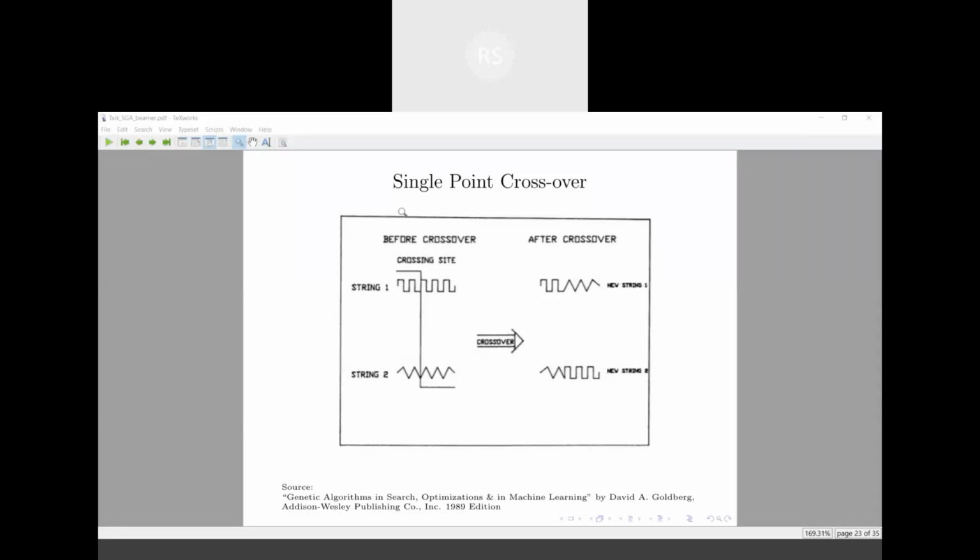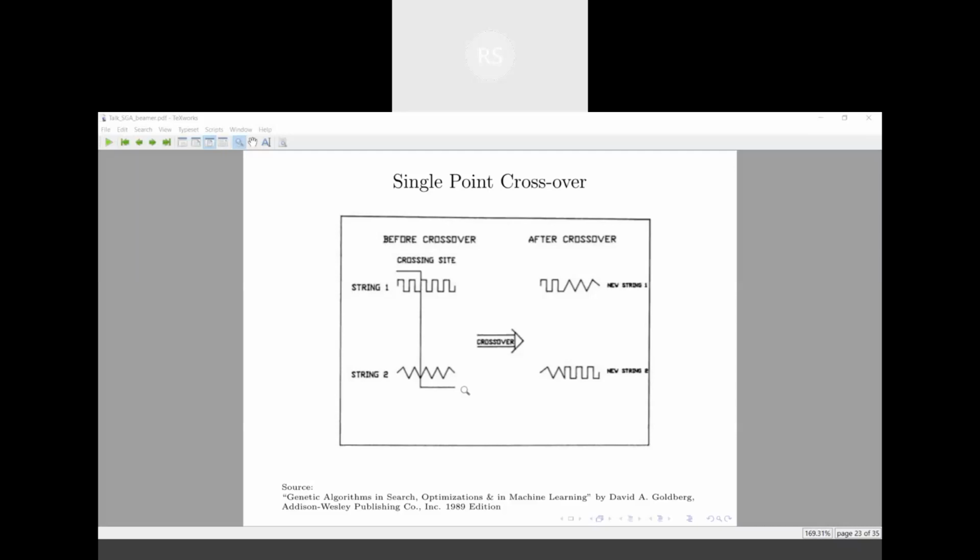Now, what happens in nature? This is string 1. You can see that there is the same pattern all throughout. This is string 2, the same pattern all throughout. And in nature, there is a crossover. Now we'll talk about Darwin. As far as evolution is concerned, it has happened because of certain features of genetics.